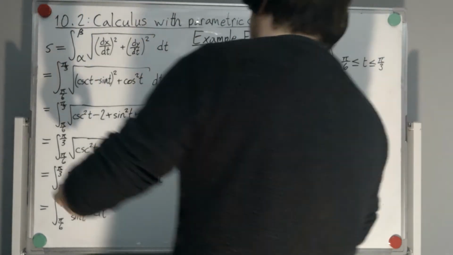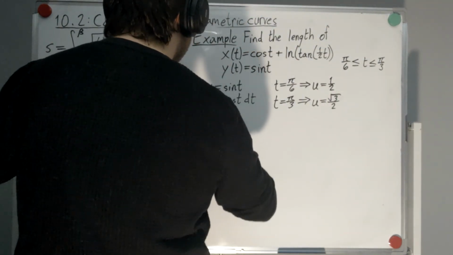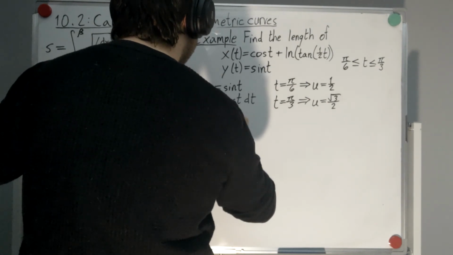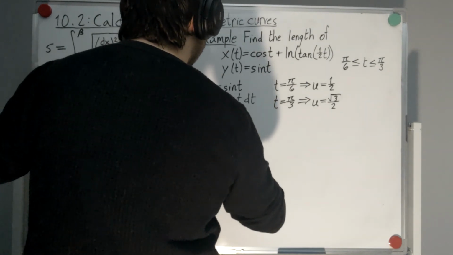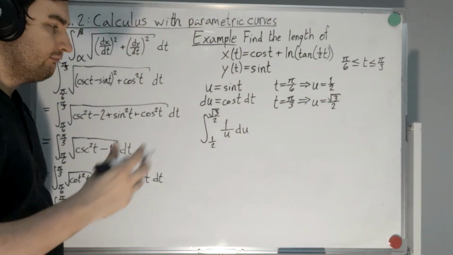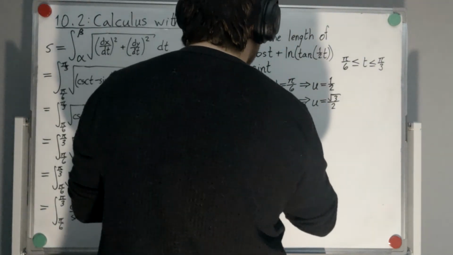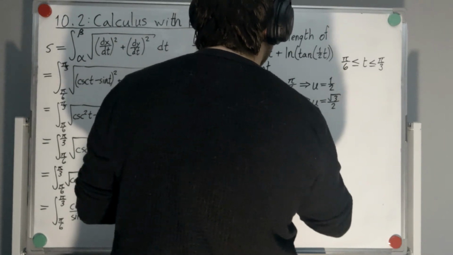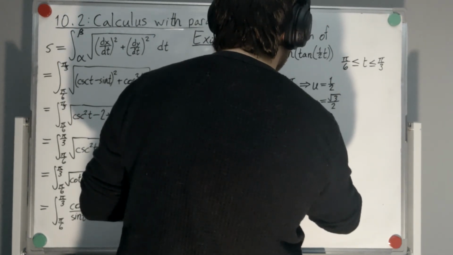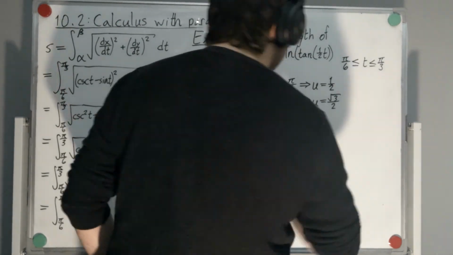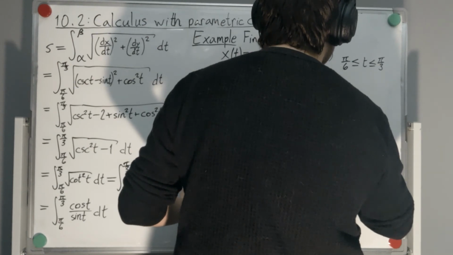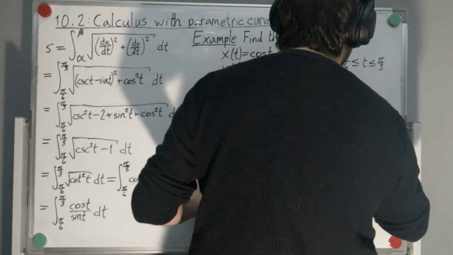So this becomes integral from 1/2 up to square root of 3 over 2, 1 over u du. This is just natural log absolute value of u evaluated from 1/2 up to root 3 over 2, which is the same as natural log of root 3 over 2 minus natural log of 1/2.